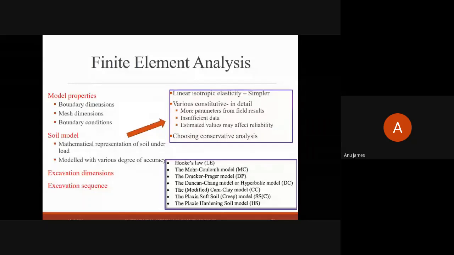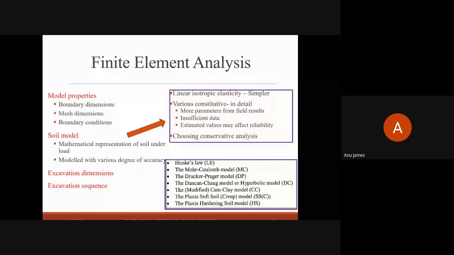However, many are still choosing the simpler soil models, either due to convenience or due to the unavailability of the many parameters or insufficient data which we need to input for complex soil models.